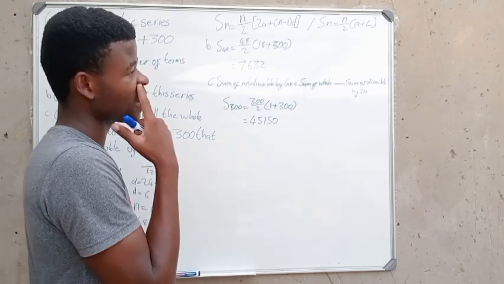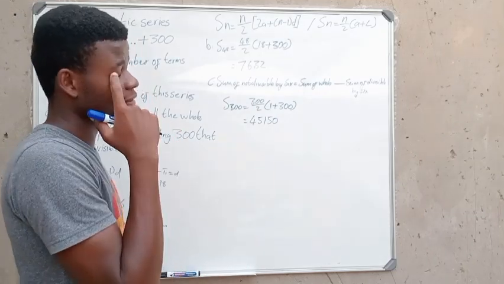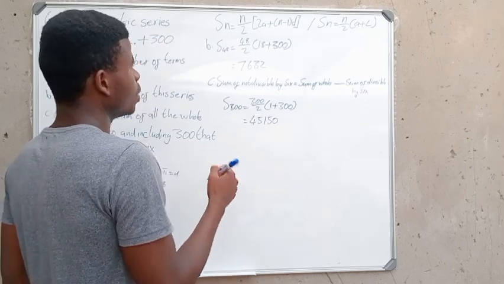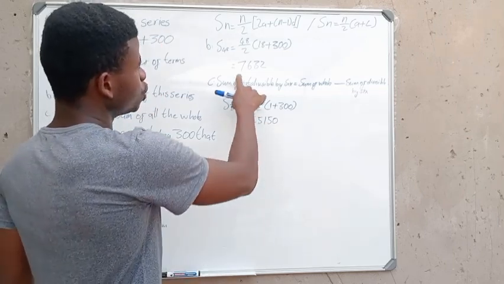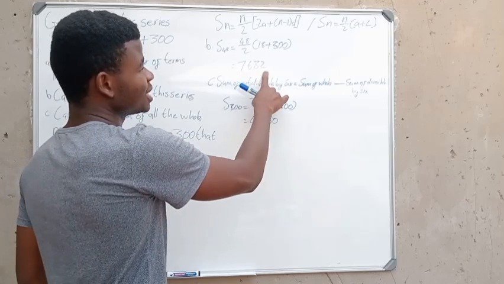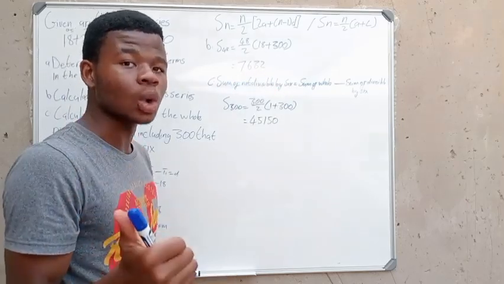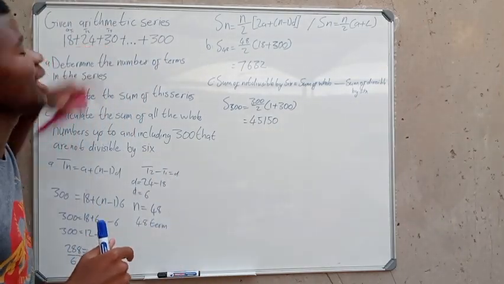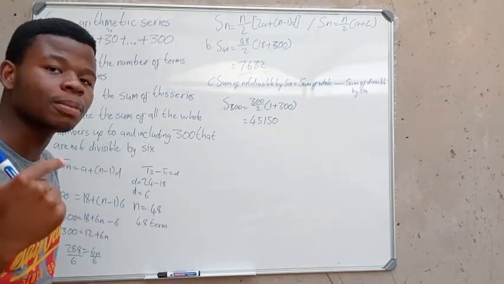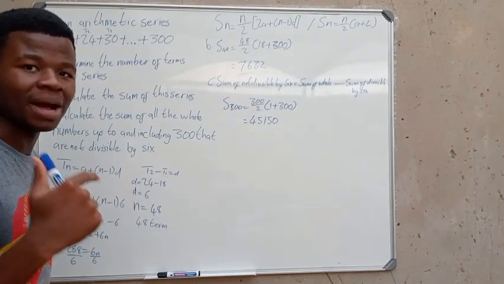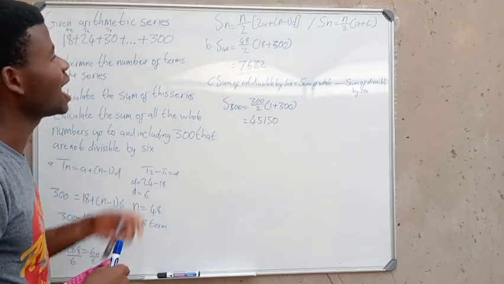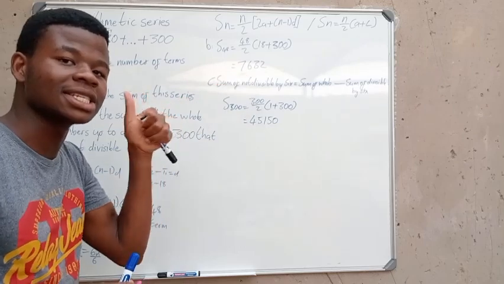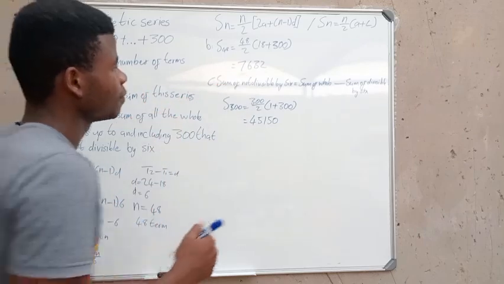So how will we find the sum of those divisible by 6? We are going to use this number, but when we use this number, we are going to add 12 and 6. Why? Because the numbers here are divisible by 6, but the only things left that we didn't include are 6 and 12.